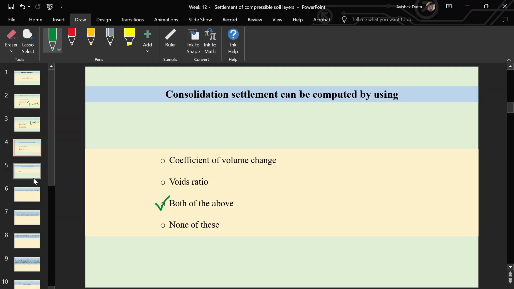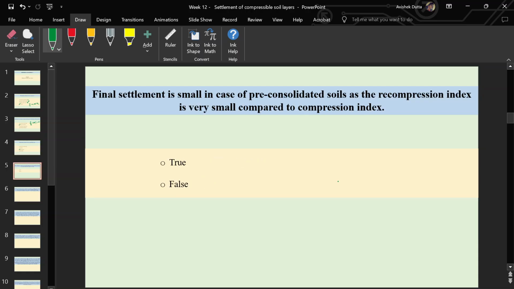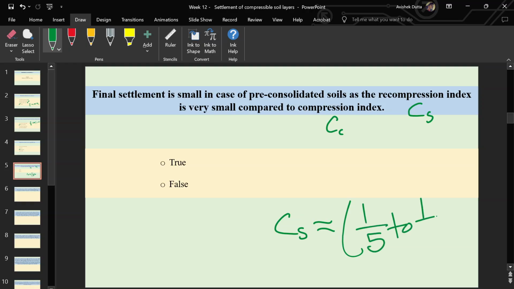Next question. Final settlement is small in case of pre-consolidated soils, as the recompression index is very small compared to the compression index. Compression index is Cc, recompression or swelling index is Cs. We know that recompression or swelling index is approximately 1/5 to 1/10 of the compression index Cc.